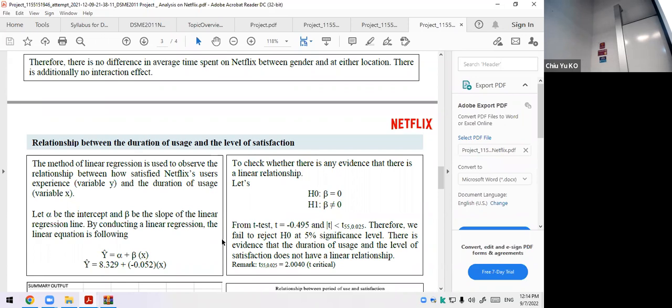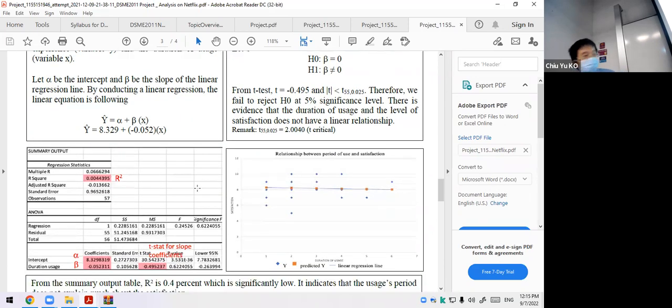Or you're not so happy, so you watch more to find a better movie. They figure out that it is negatively related. So the graph looks like this. You get a negative relationship. So you watch more, actually you're less happy. And that's the estimation.